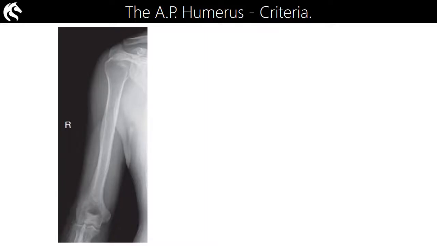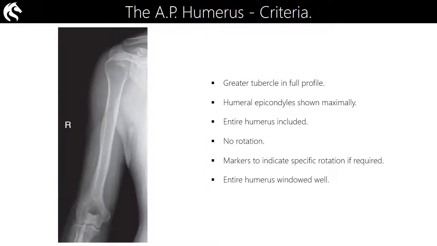And what should it look like? Well, the main criteria is that you should be able to see those humeral epicondyles maximally. It shouldn't be rotated from a true AP position. If you are undertaking a true AP position, some of these criteria just aren't valid if the patient's arm has been put in a neutral position for patient comfort or for unknown injury extent.